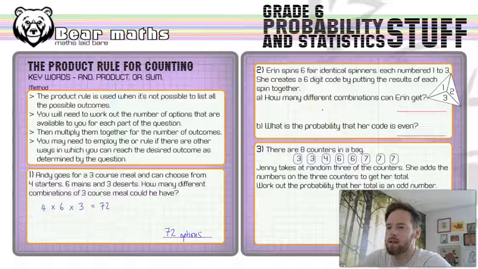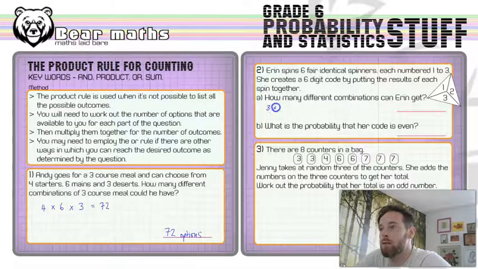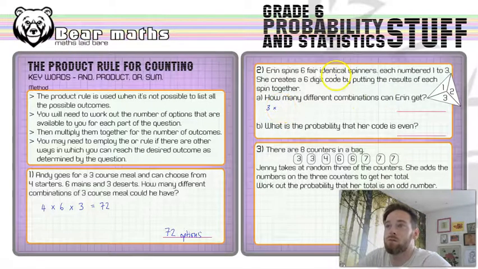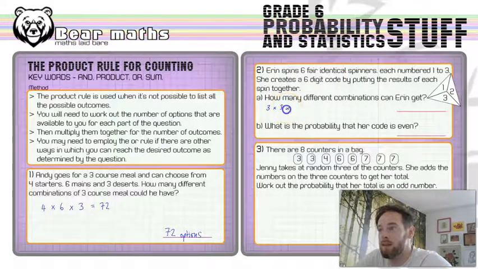Okay, so this is slightly more complicated, all right? Let's have a think about it logically. So on spinner 1, she's got 3 options. You're going to multiply that by the amount of options on spinner 2, and spinner 2 is identical, fair, so it's just 3 options again, and then the same again.